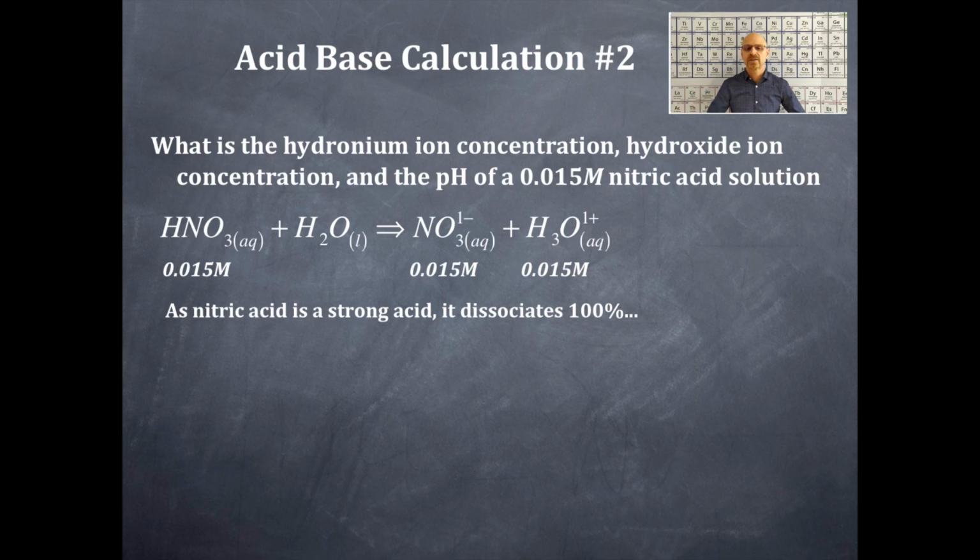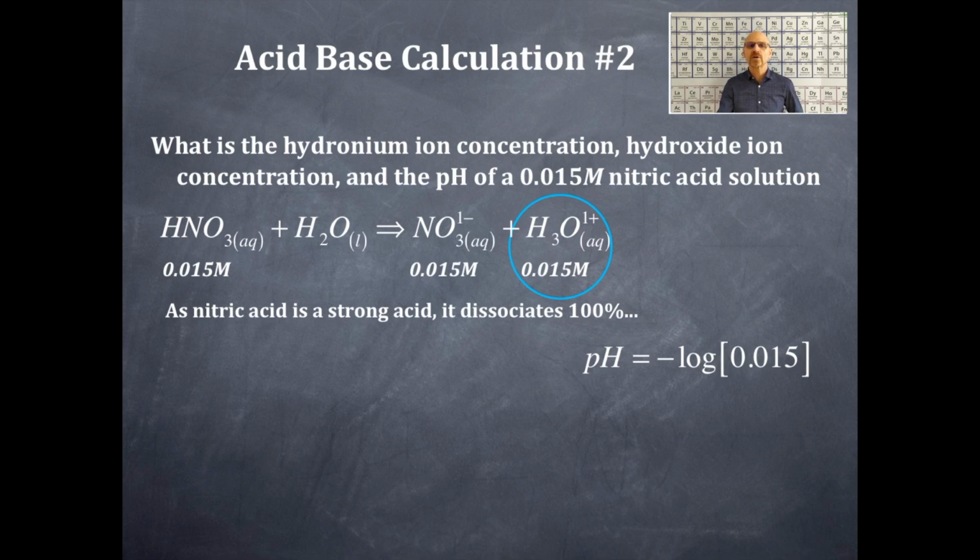That is the hydronium ion concentration, because I know that nitric acid is a strong acid. It dissociates 100%. I'm using the mole ratio to obtain that value of the hydronium ion concentration at 0.015 molar. The pH is equal to the negative log of the hydronium ion concentration.